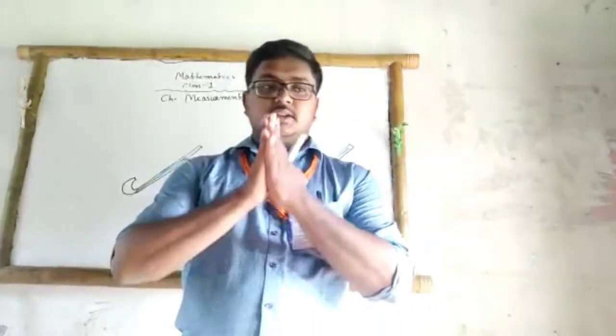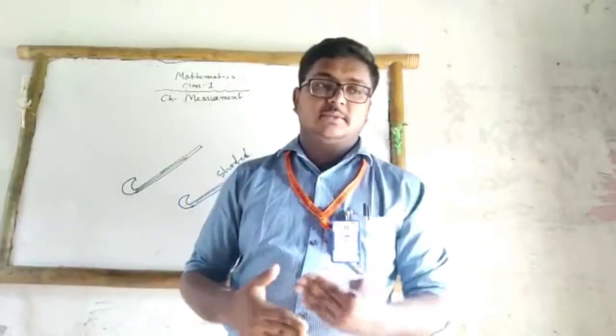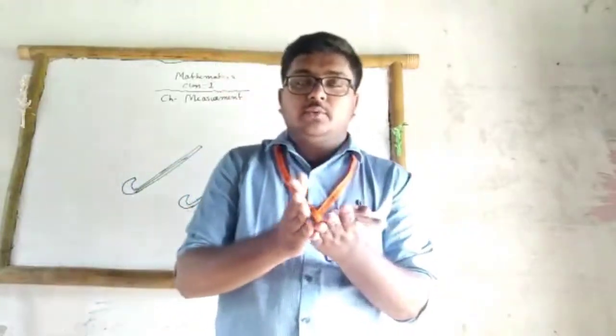Now, students, I am going to discuss another two terms from this chapter, which are taller and shorter. We use these two words when comparing the height between two objects.